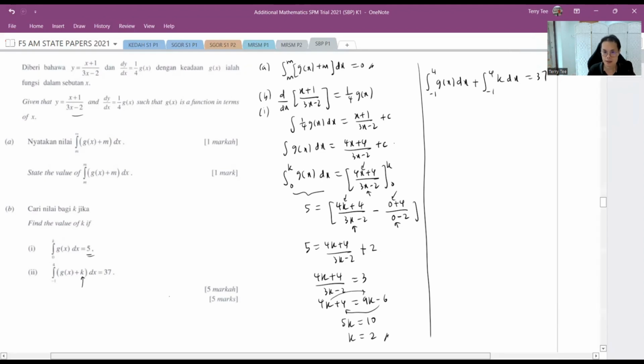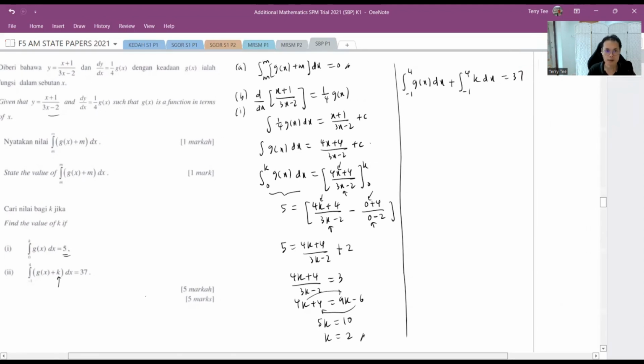This is 37. Now, this integration from negative 1 to 4 of g(x) dx, we can use the result here again.